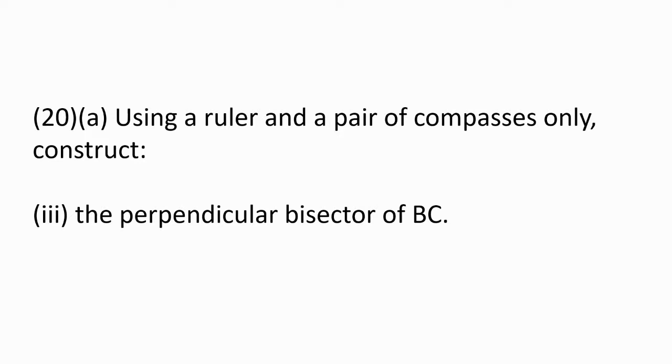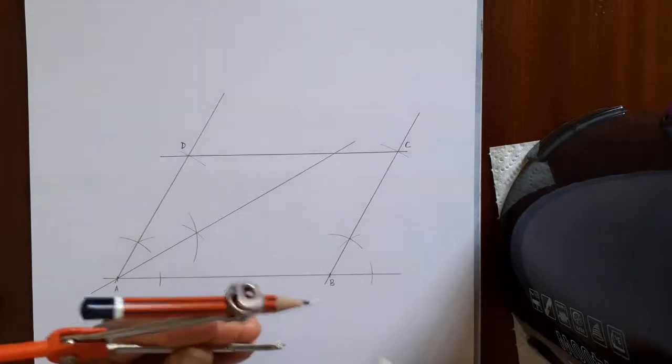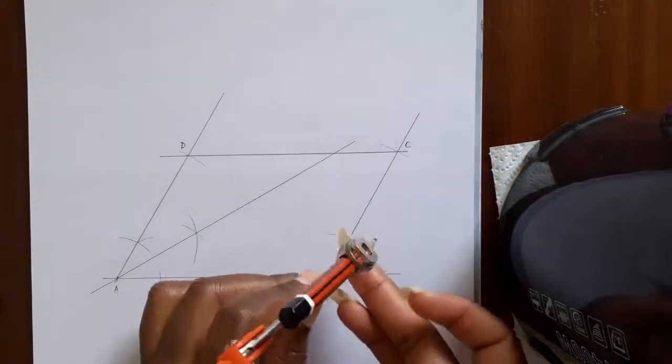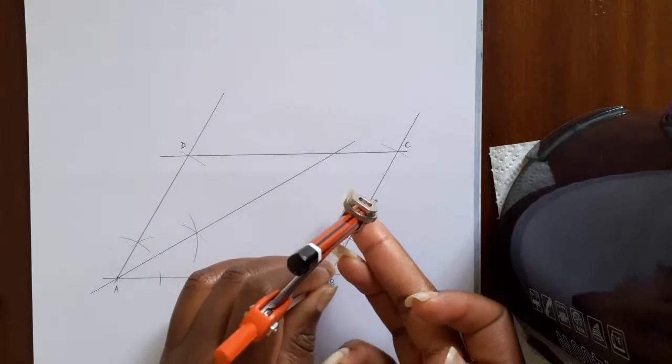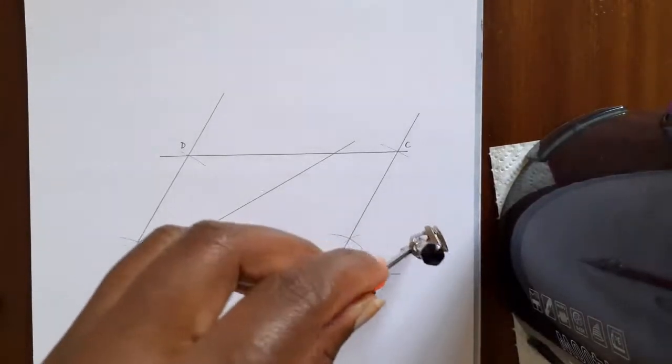Part 3. Construct the perpendicular bisector of BC. We are supposed to construct the perpendicular bisector of BC. To do that, take your pair of compasses and create a radius of more than half the length of BC. Then you mark on both sides of the line.